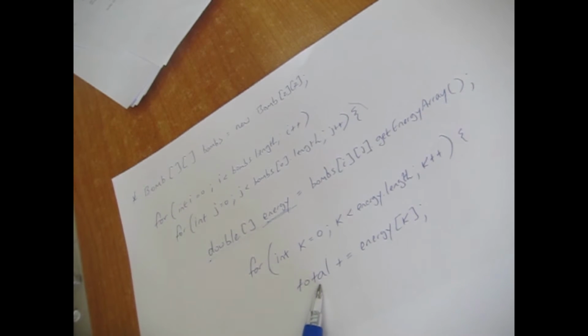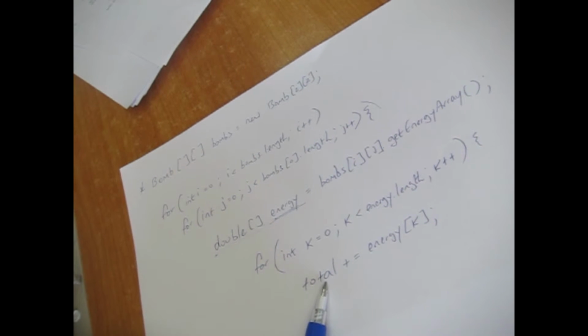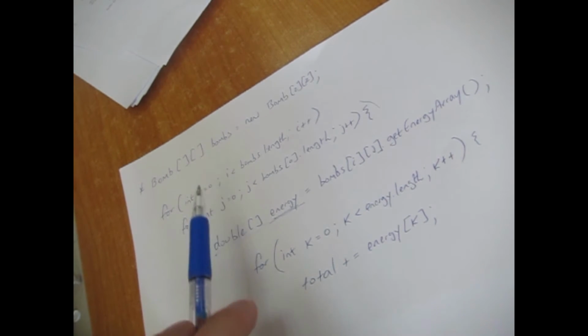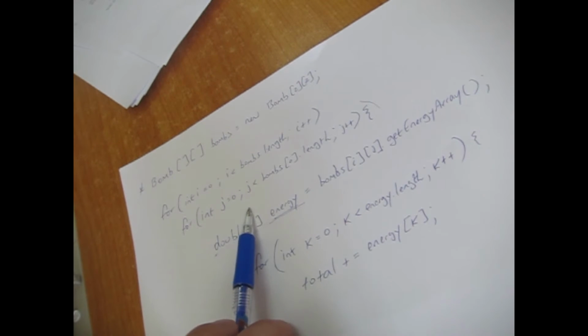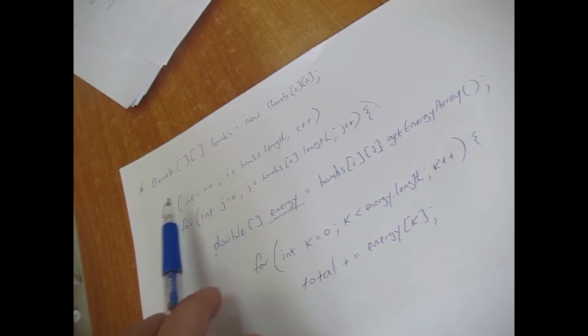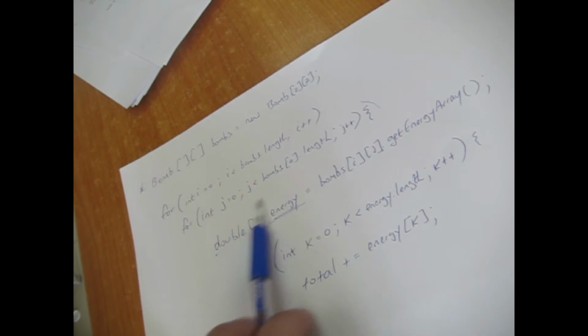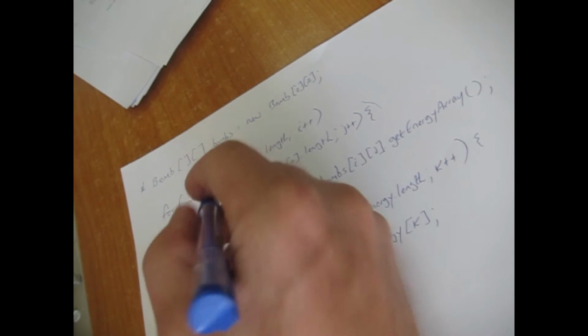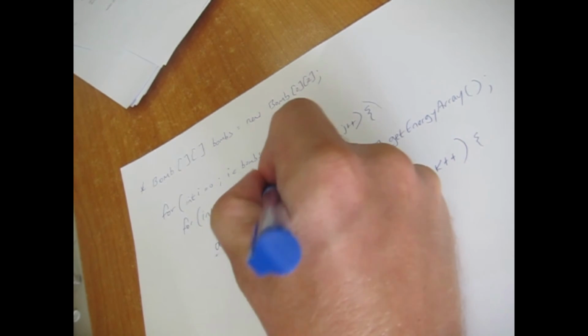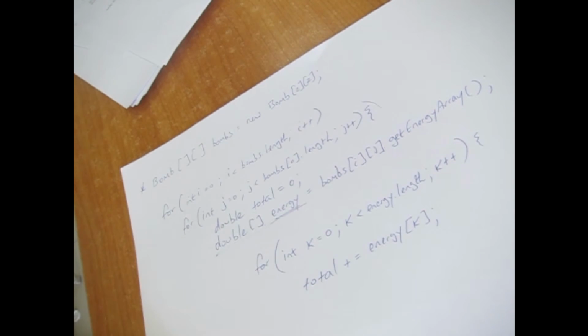Where am I going to set it to 0? It'll be inside here. So when i is equal to 0 and j is equal to 0, I get a total set to 0. Then we calculate the total here, and then we display the result, and then i stays at 0 and j becomes 1. Total resets to 0. So this is where I'm going to put that double total equals 0.